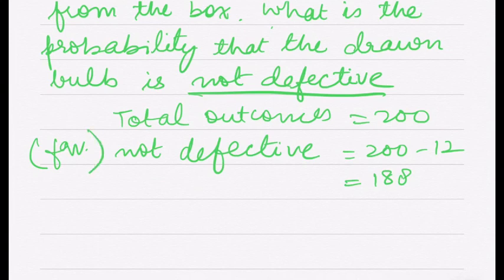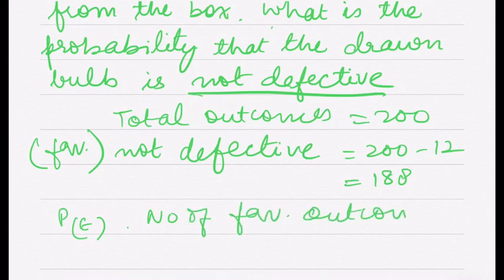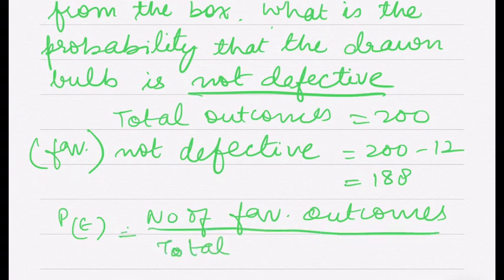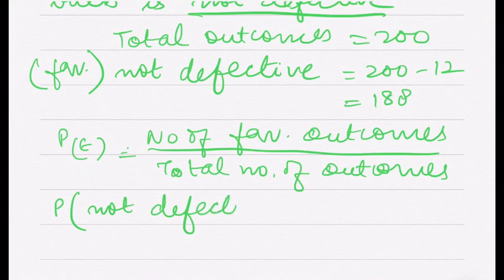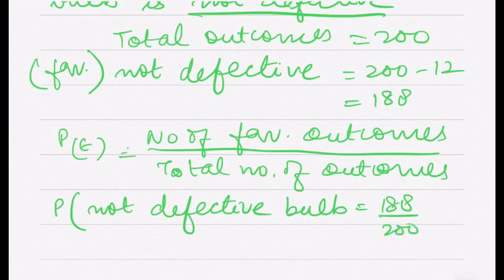So now I can say probability of an event is equal to number of favorable outcomes over total number of outcomes. Probability of getting a not defective bulb will be equal to 188 by 200. So does it go by 4? 4 50s, and 4 4s are 16, 4 7s are 28. Okay, so this is my answer.